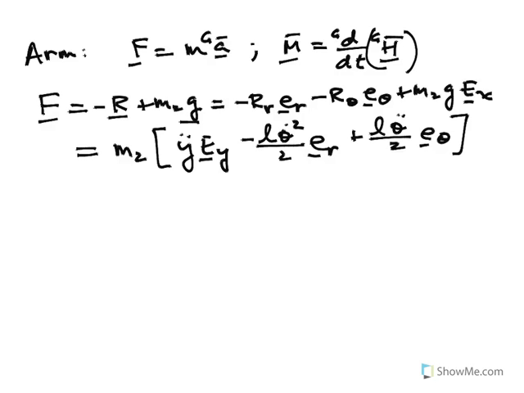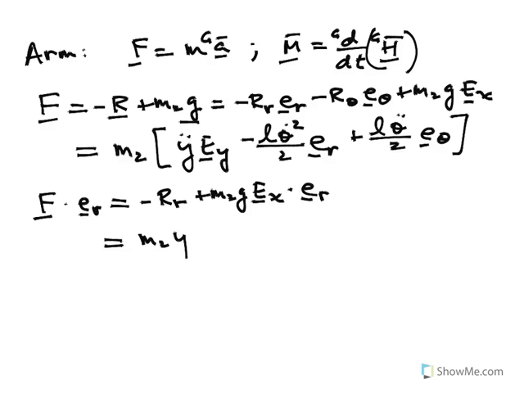Okay. Now, if you break this down, the easiest components in which to break this down are the e_r and the e_theta components. So if I take F dotted with e_r, what we get is minus R sub r, and we get plus m2g e_x dotted with e_r, and that has to equal m2 y double dot e_y dotted with e_r, and then minus m2 l theta dot squared over 2, and that's it, because the third term has an e_theta component in it, so that one's gone, and the only one that survives is the second one.